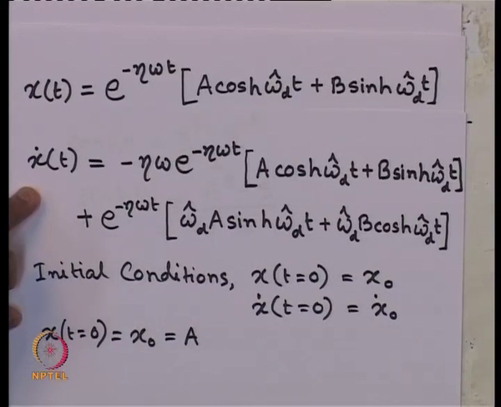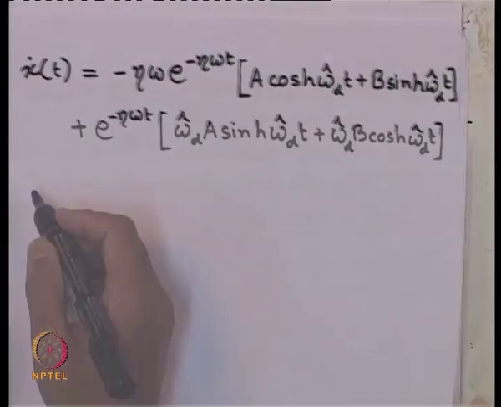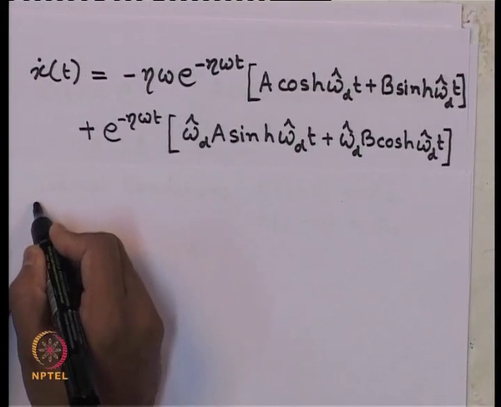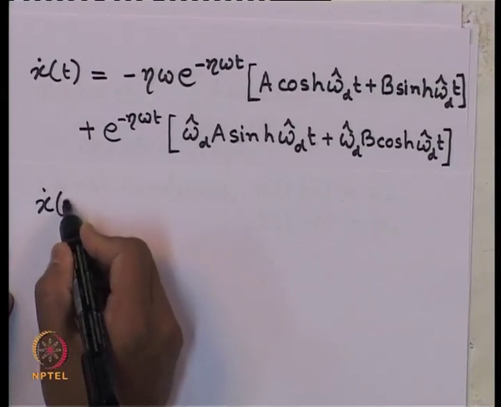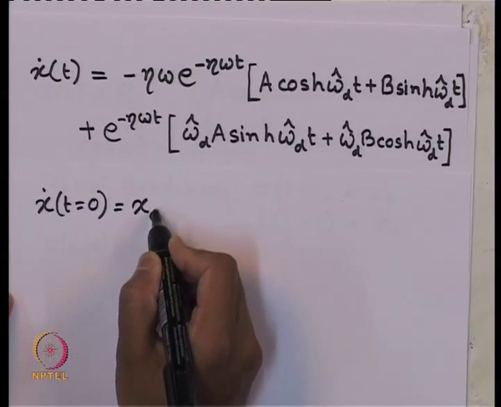And in the second expression, now we will put t equals 0. Let us see what we will get. We are putting x dot at t equals 0, which is x naught dot.